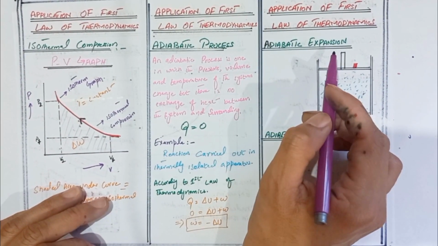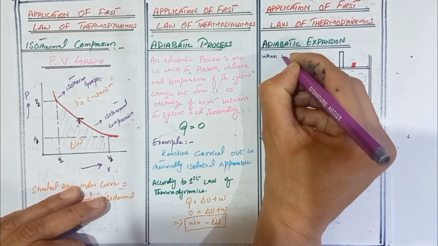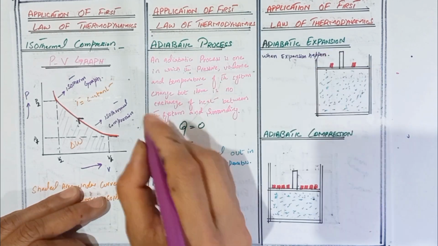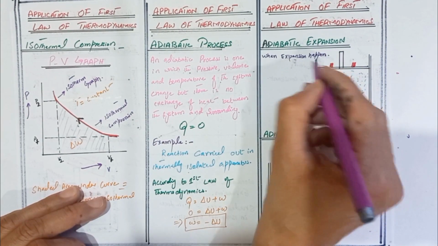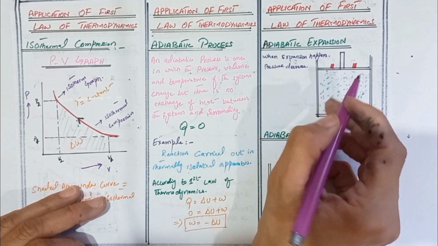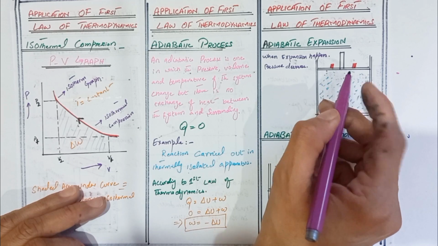Now we discuss the adiabatic expansion. In adiabatic expansion, when expansion happens, the pressure decreases. When pressure decreases, the piston is moved upward.